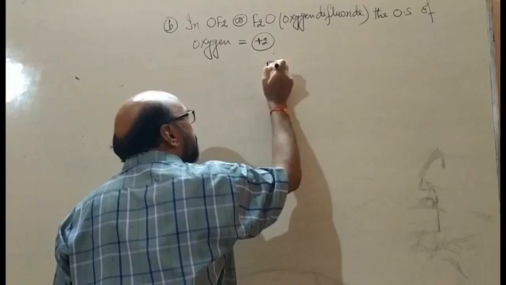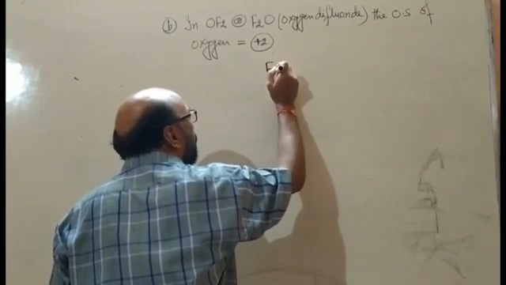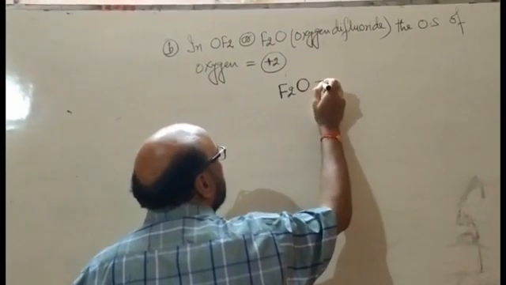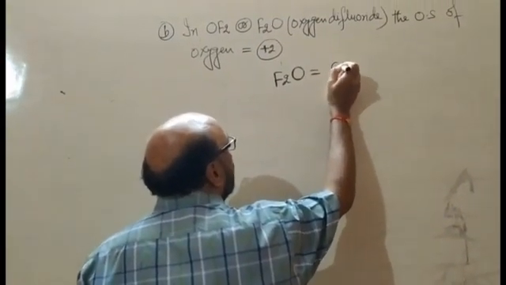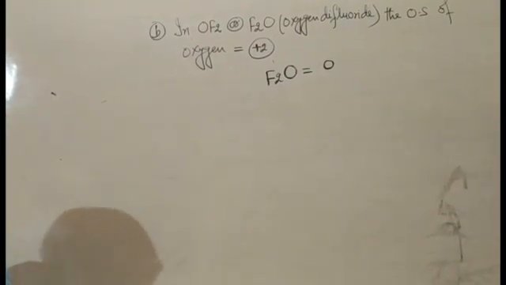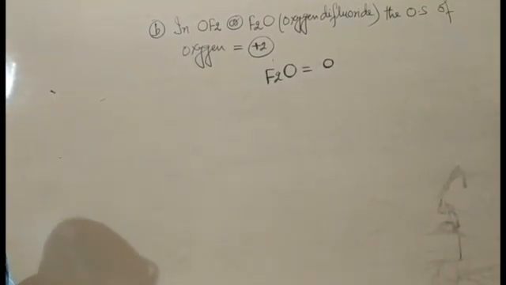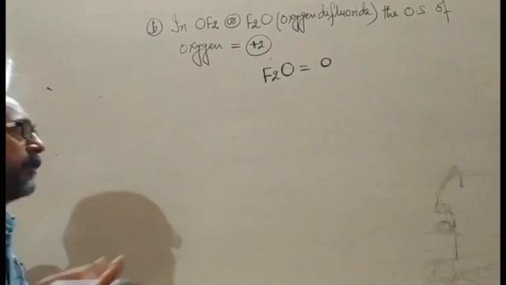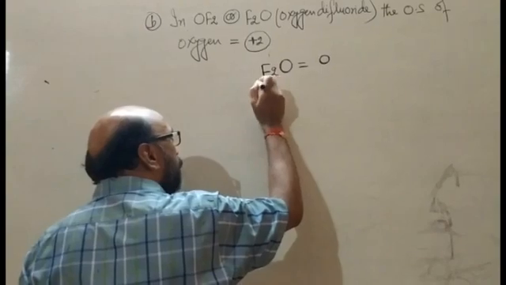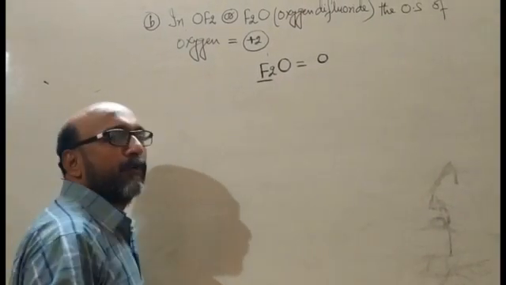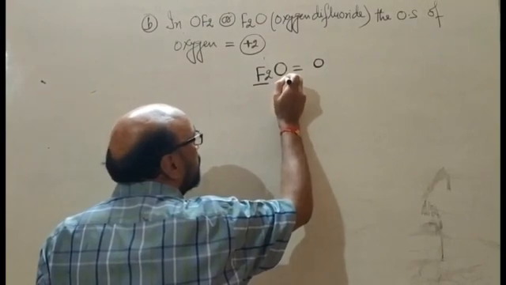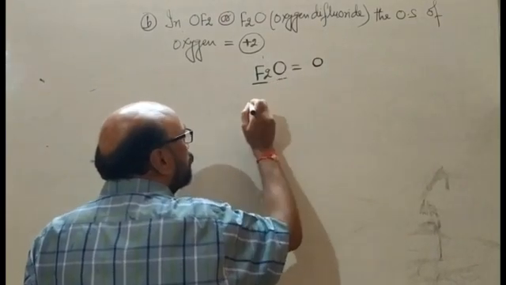So you may calculate: the algebraic sum of oxidation states of all elements in a compound is equal to 0. You may calculate the oxidation state of oxygen if you have learned the oxidation state of fluorine, which is -1.